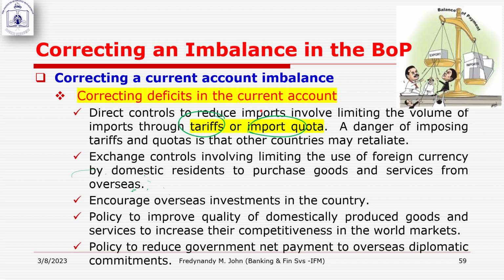But if you exercise these tariff and import quotas, you'll be in danger of entering into an economic war with some other countries, particularly those countries that you are trading with. Because those countries as well may retaliate.